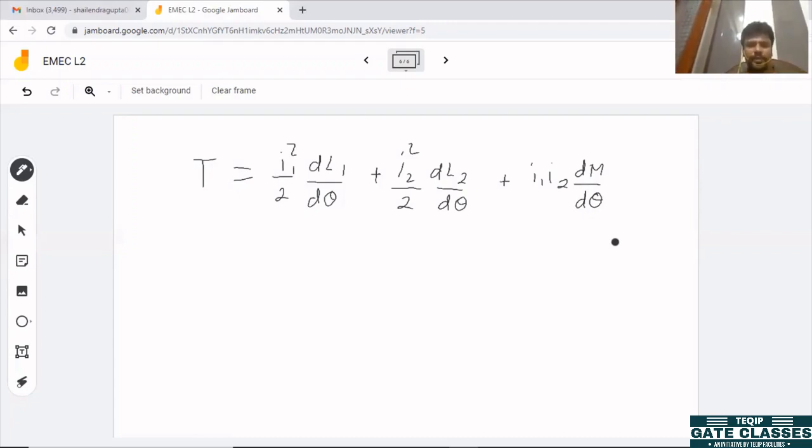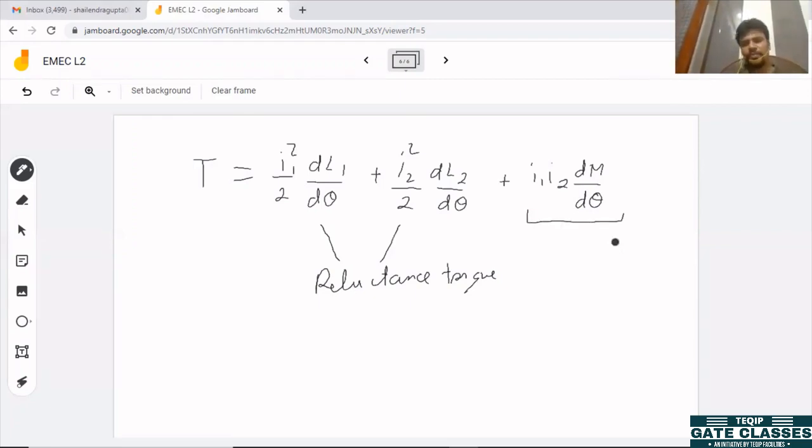These first two terms we have studied as the reluctance torque. This is because of one of the excitation and the soft iron. And the third term is what is known as electromagnetic torque.